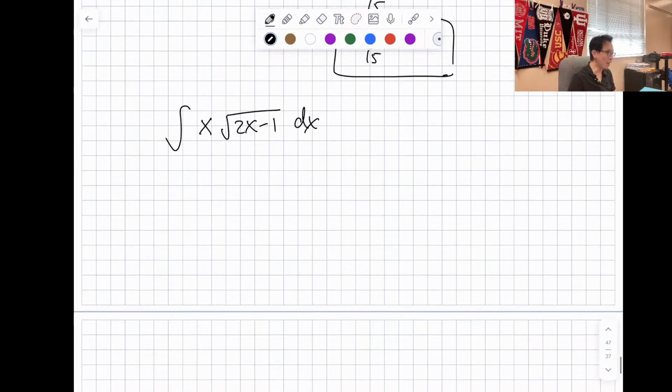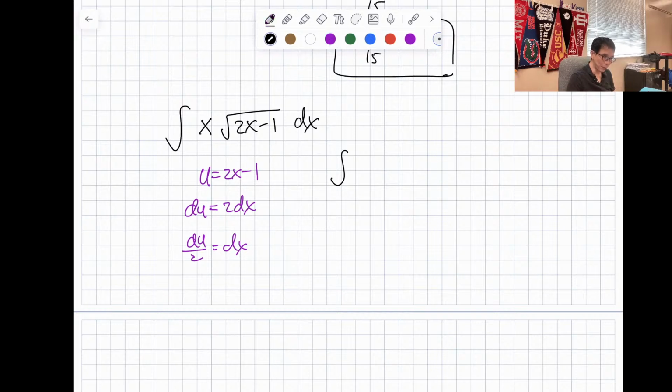All right, so did anybody get it? Let me show you. This is known as a back sub, and so u equals 2x minus 1. Normal step: du equals 2dx. Hopefully you got that. du over 2 equals dx. Then you go ahead and sub in.